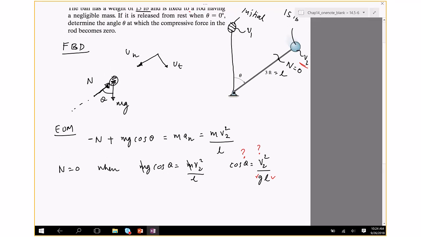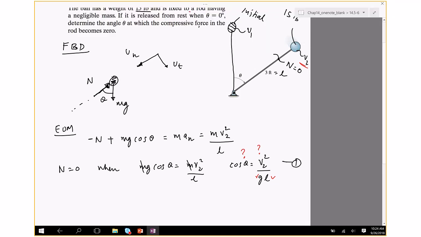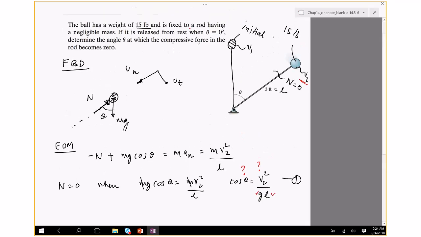So the question is, can we find v2? If we can find v2, then we can substitute that in that equation and then solve for theta. So we'll try to solve for v2. Okay, so this is where we can invoke the principle of conservation of energy, because the only forces acting in the system are gravity forces, and gravity forces are conservative forces.